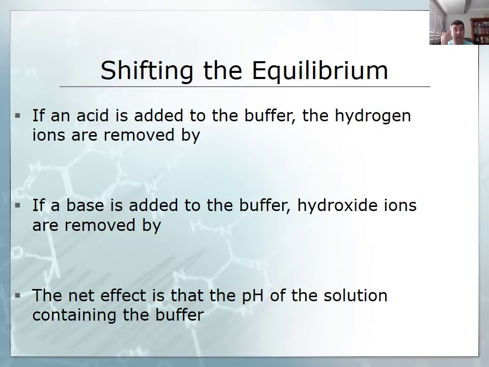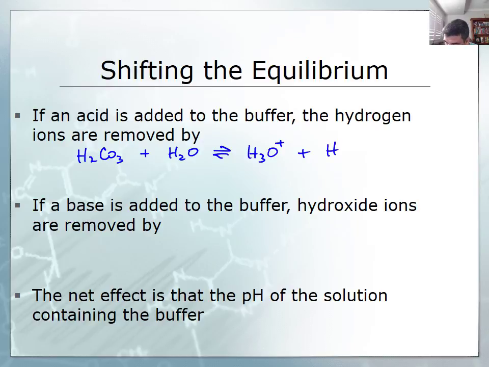How we explain the function of a buffer is in terms of the shift in equilibrium. If an acid is added to the buffer, then what we want to do is reduce the concentration of hydrogen ions. So if we go back to that equilibrium we just looked at, I'll remove the subscripts just for the purpose of discussion.